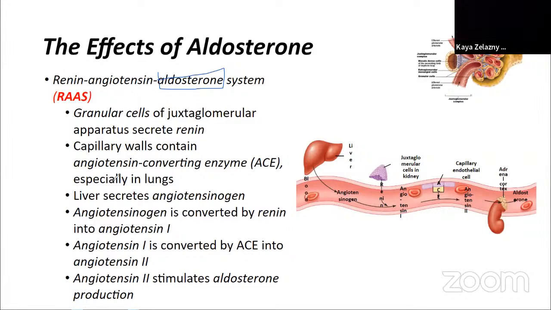There is a lot of text here, but I'm going to simplify it. Renin gets secreted by granular cells in the juxtaglomerular apparatus, which you looked at. So renin is being secreted by those cells in the late distal tubule that are right next to the glomerulus.